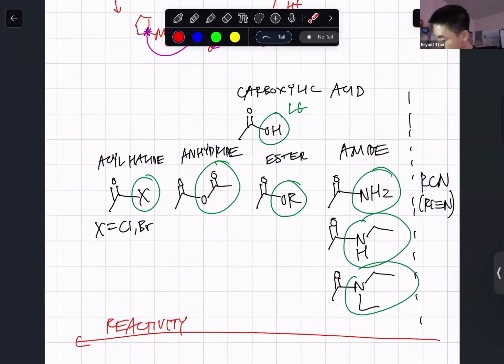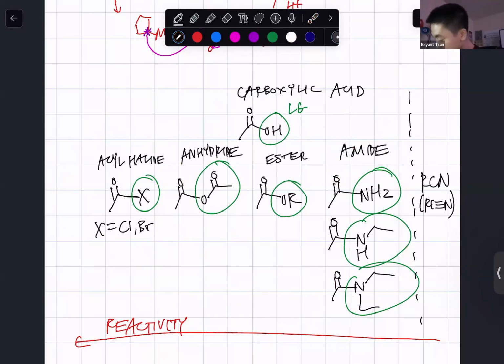Now, there are two major reasons why acyl halide is the most reactive and amide is the least reactive. The most important reason, I would say, is leaving group ability.